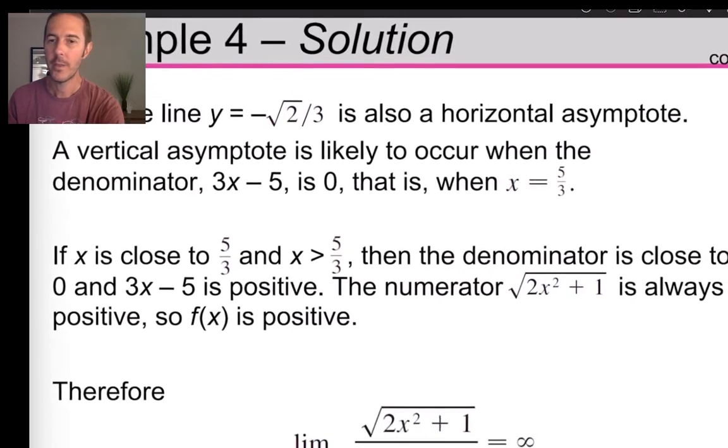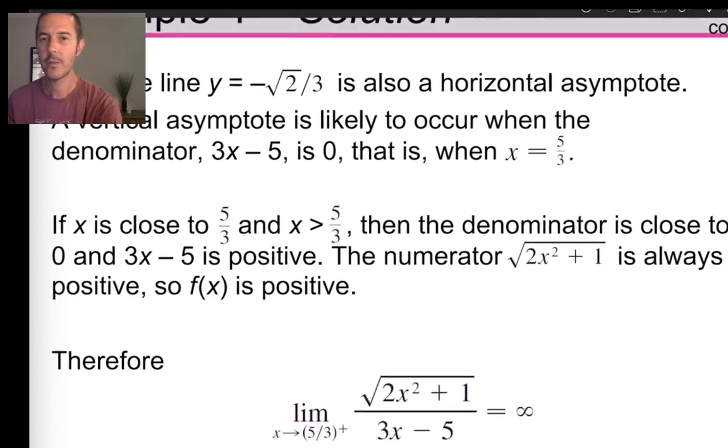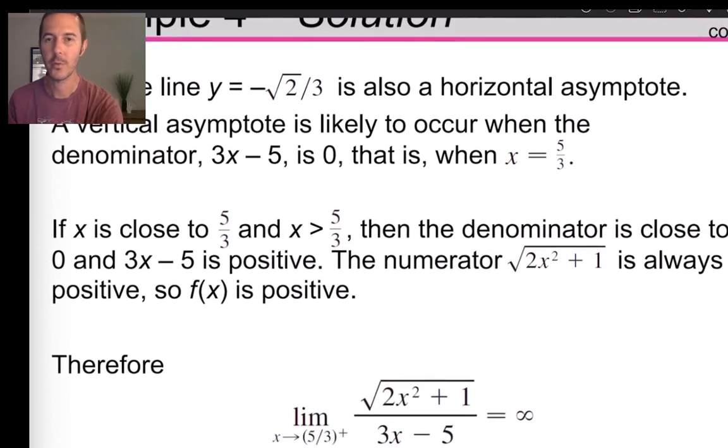And so this function actually has two horizontal asymptotes, y equals positive root 2 over 3 and y equals negative root 2 over 3. And here's that last little comment about the vertical asymptote.